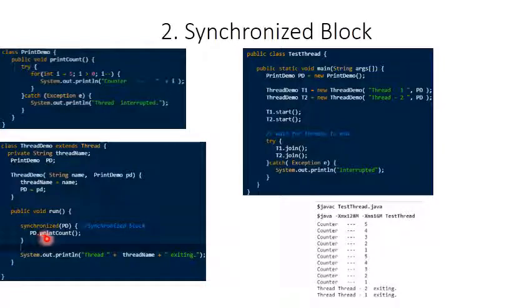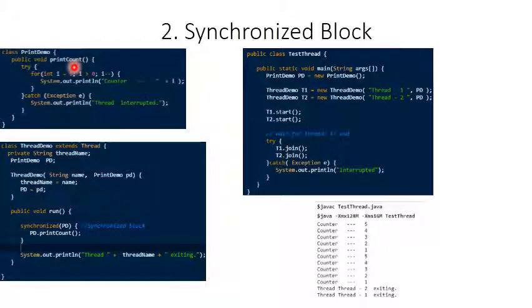So when I call t1.start, t1 will enter this block, pd.printCount, that is we are invoking the method printCount of class PrintDemo. Since t1 has invoked this method, t2 will have to wait until t1 completes its work. So the output remains the same, but the concept is different.